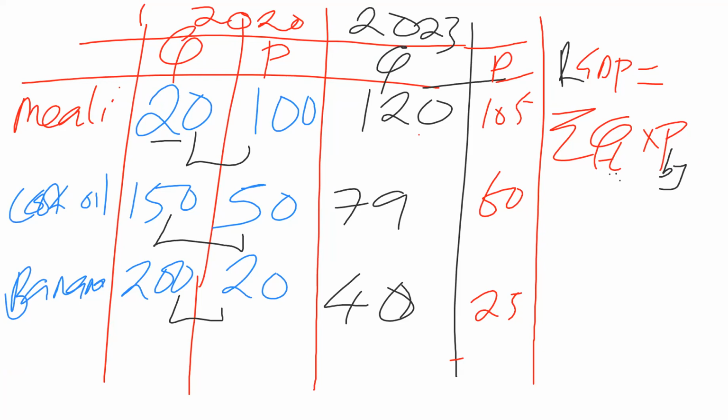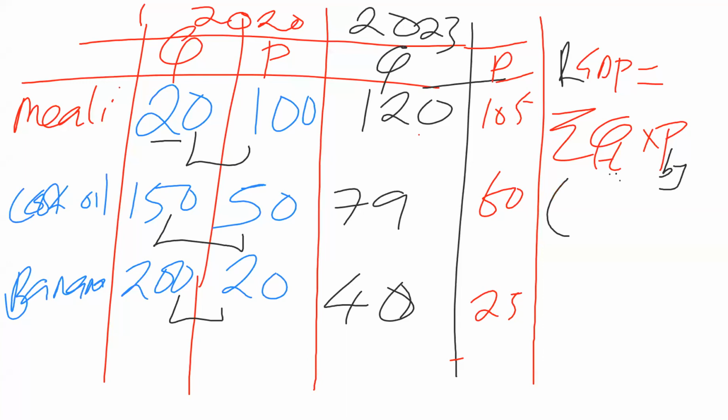The summation of the quantities of that year times the prices of the base year. So let's find the real GDP now for 2020. We get the quantities of 2020 times the prices of the base year, which is 2020. You have observed that.